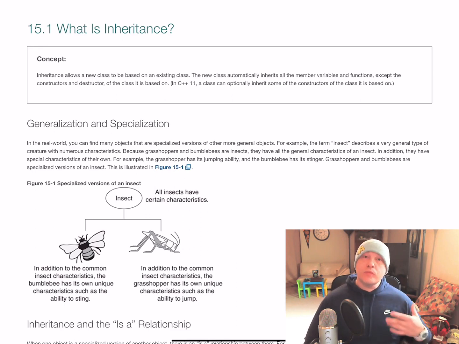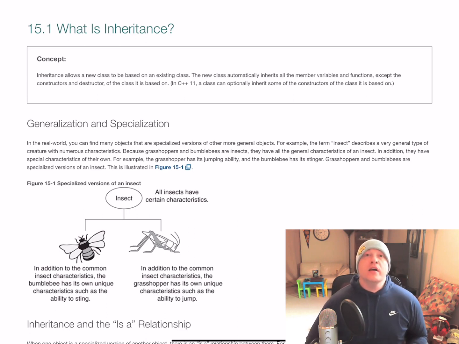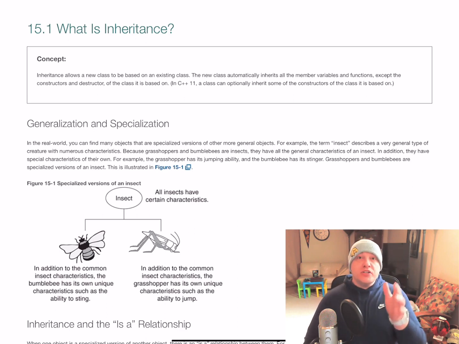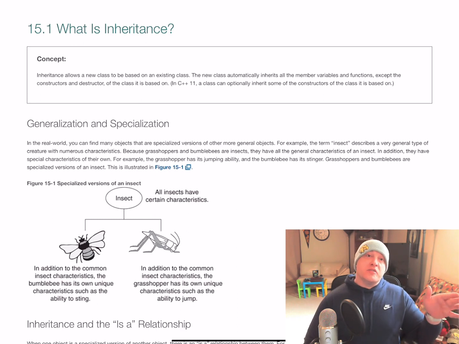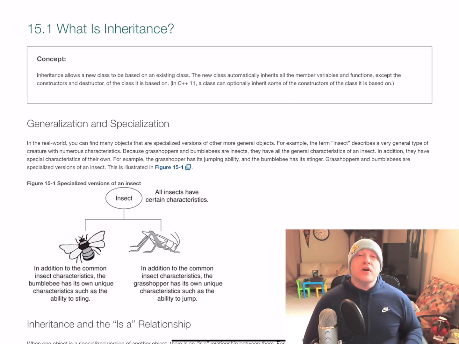Here, with inheritance, again, this is starting on 901 and this is 15.1. We have the idea of generalization and specialization. What we are going to be doing is creating abstract classes, things of general use. So the idea here on 901 is an insect and a grasshopper, right?